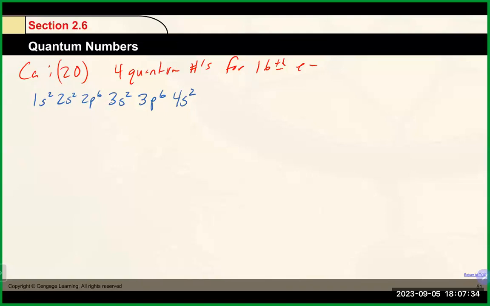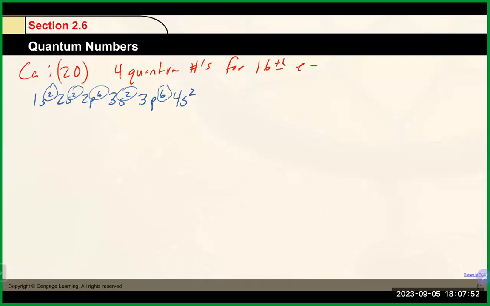So we're looking for the quantum numbers for the 16th electron. So that is 2 electrons, 4 electrons, 10 electrons, 12 electrons. So to me, the 16th electron should be right in there as that goes through 18.